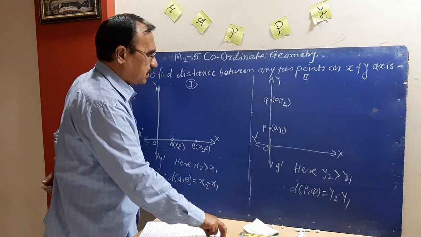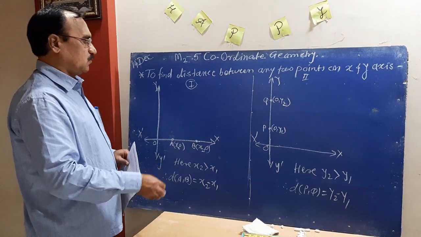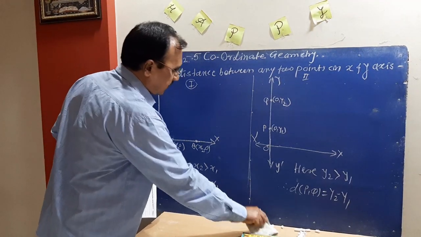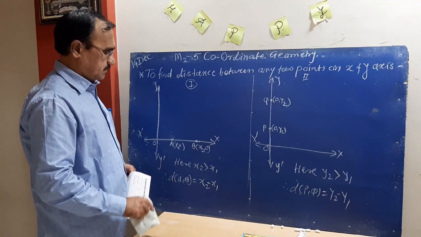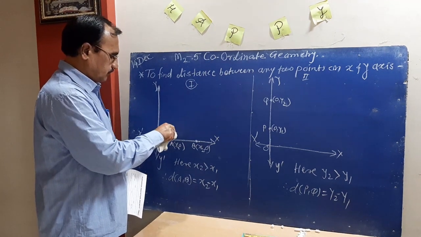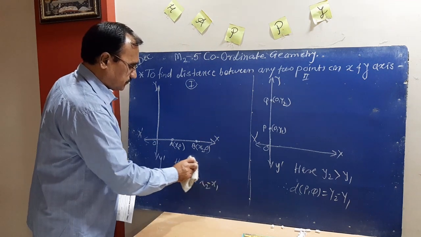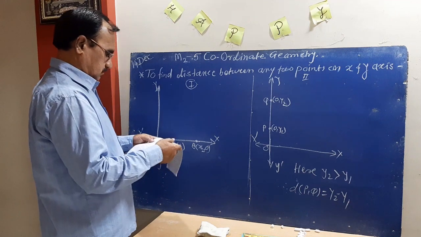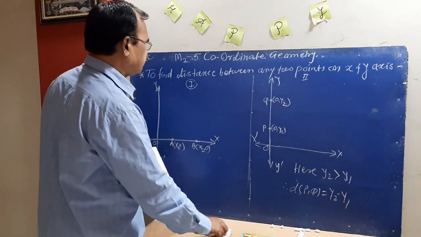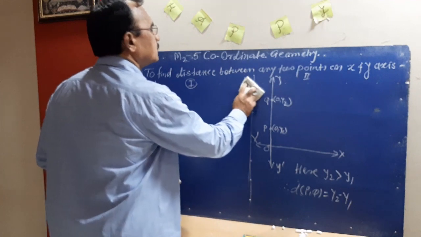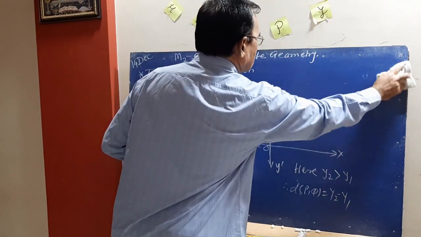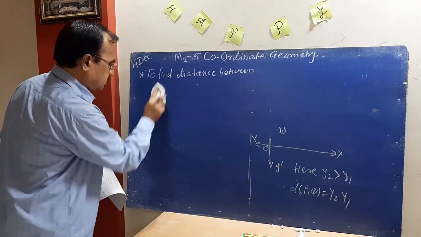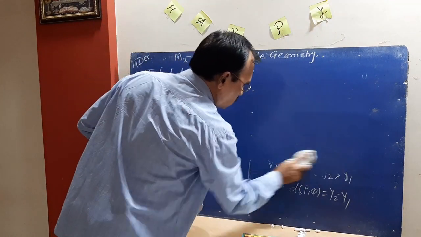Now we are going to see the case where the segment joining the points is parallel to the x-axis or y-axis. Draw this figure first and write down the distance AB and distance PQ.